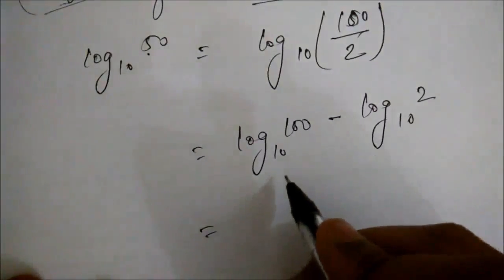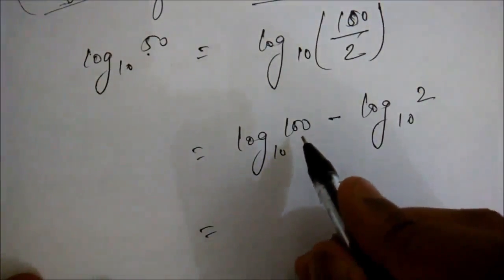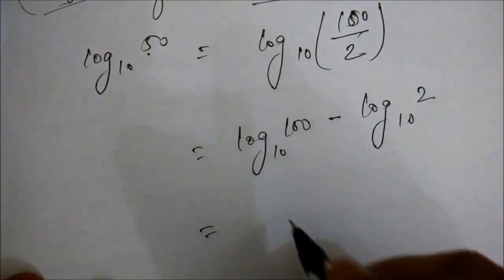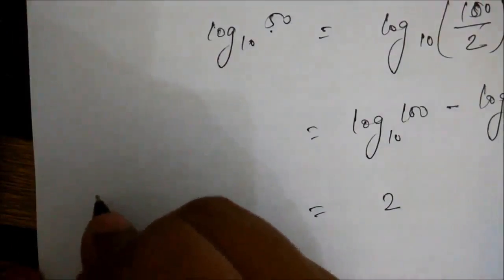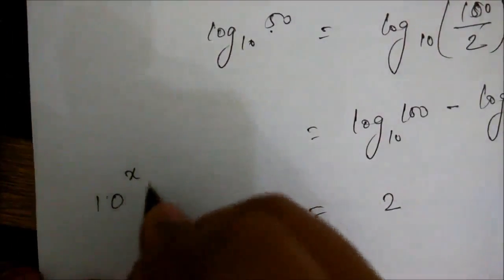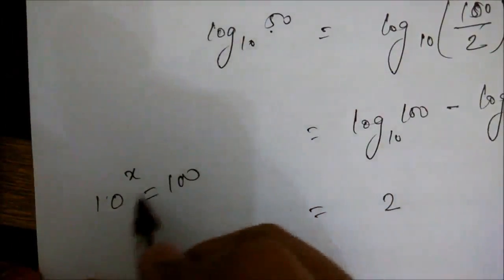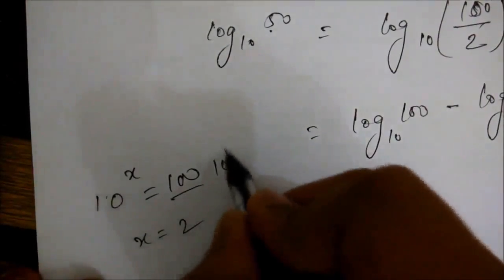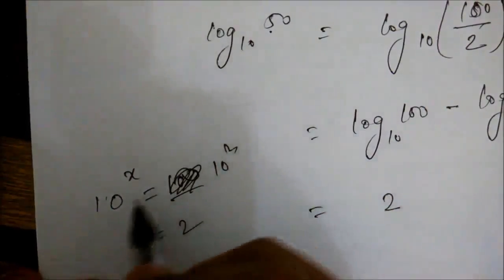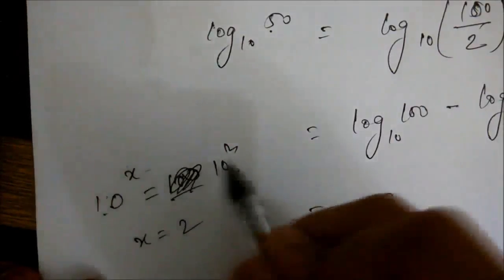Now log 100 to the base 10, we know it's 2. How? If I need to solve this, then 10 raised to x is equal to 100, and of course it is clearly seen here that x is equal to 2, because this can be written as 10 square, and since the base is equal, x is equal to 2.